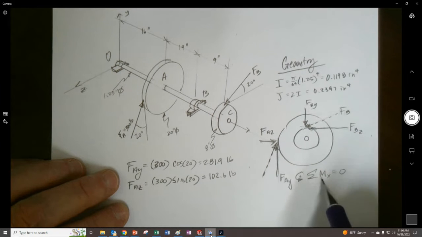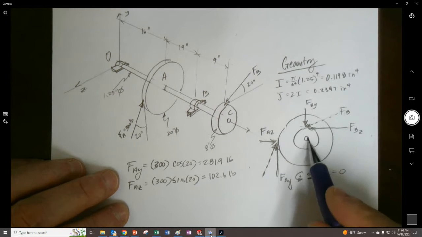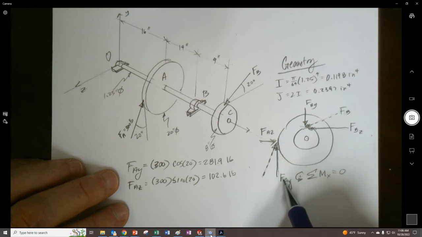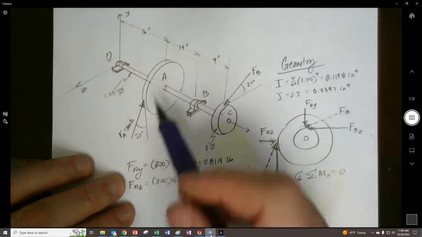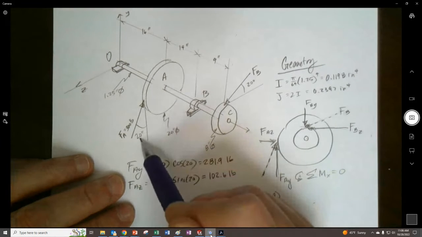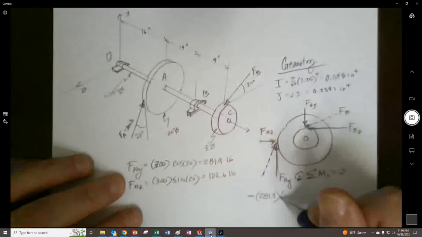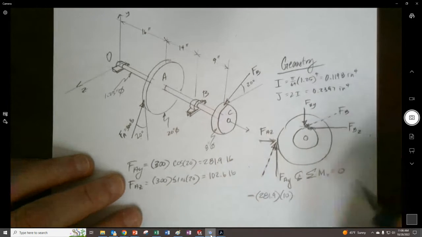So anyway, we'll take the sum of the moments about the x-axis, which is coming out of the board to us. Clockwise is going to be the FAY that we know, 281.9, and its moment arm is the radius, 10 inches.